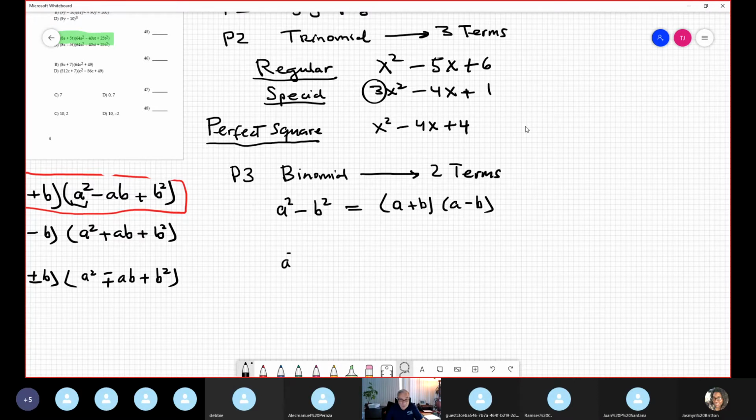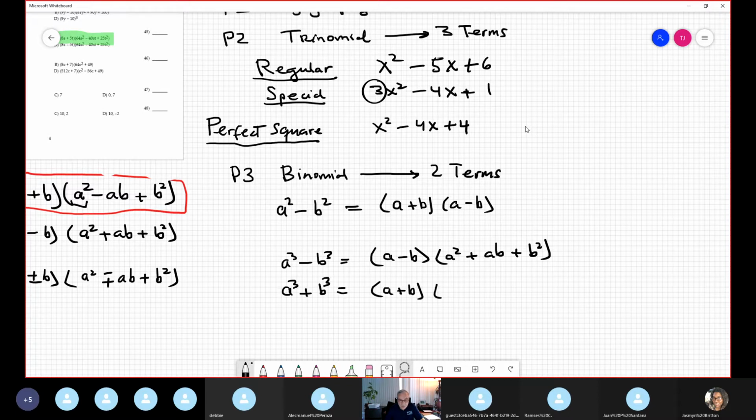A difference of cubes, I want to copy again: a minus b times a squared plus ab plus b squared, and a sum of cubes, which is a plus b times a squared minus ab plus b squared.